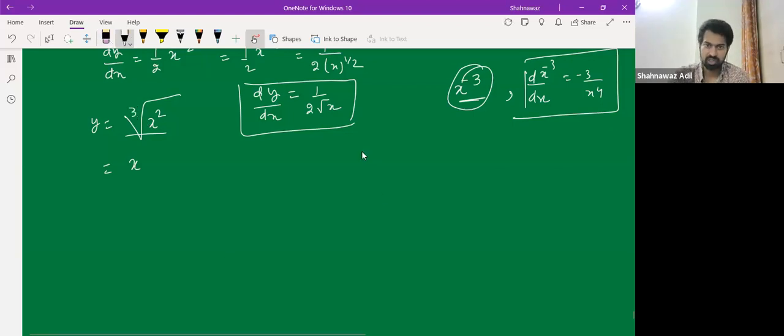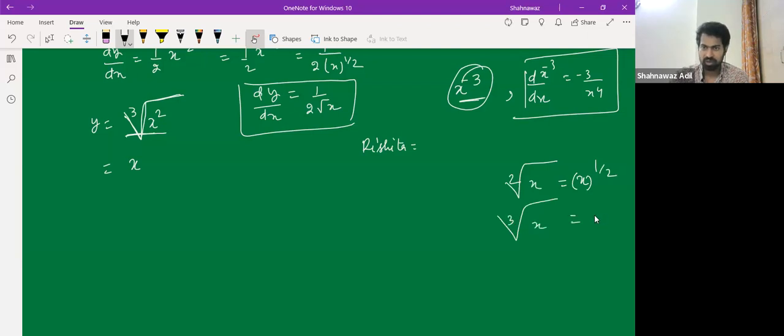For square root, the power is half. For cubic root, it is 1 by 3.